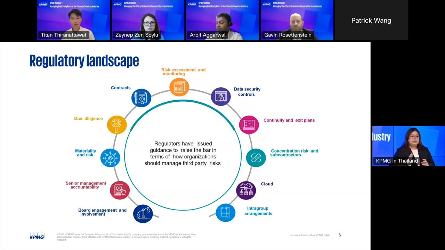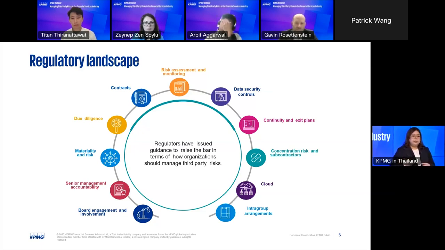The third key focus is about the contract. You might have the question, what are the key elements that you need to add to your contract? Actually, the regulators and our local regulators have already summarized the key elements that need to be put in the contract.